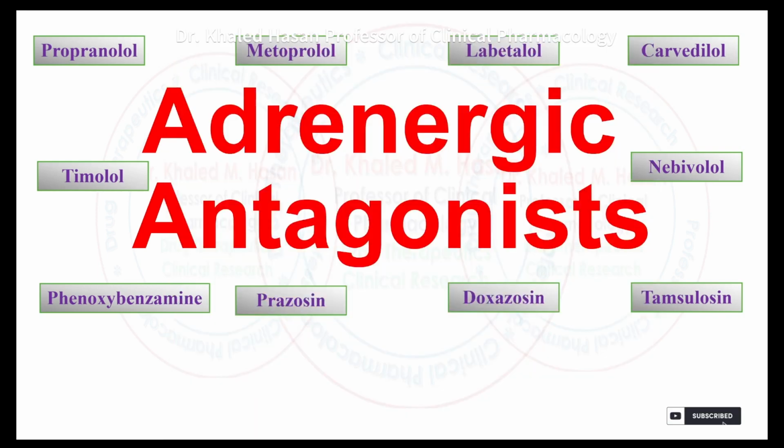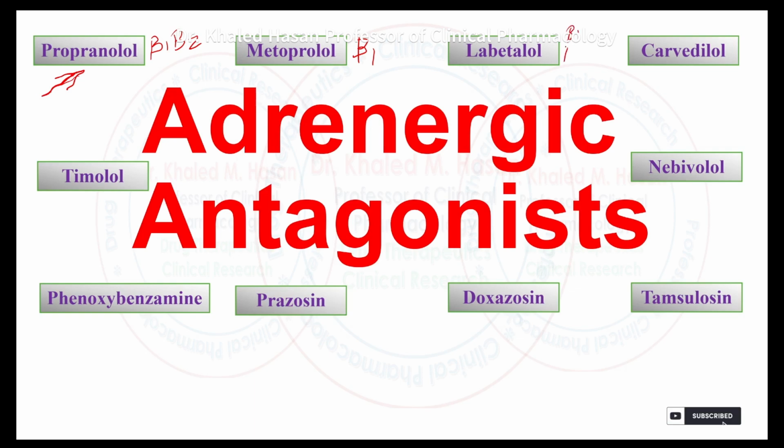Again, as you can see from the slide, we have groups of medication. The first group at the top belongs to the beta blockers: propranolol, the prototype, followed by metoprolol. Propranolol is considered a beta 1 and beta 2 blocker, metoprolol a beta 1 blocker.